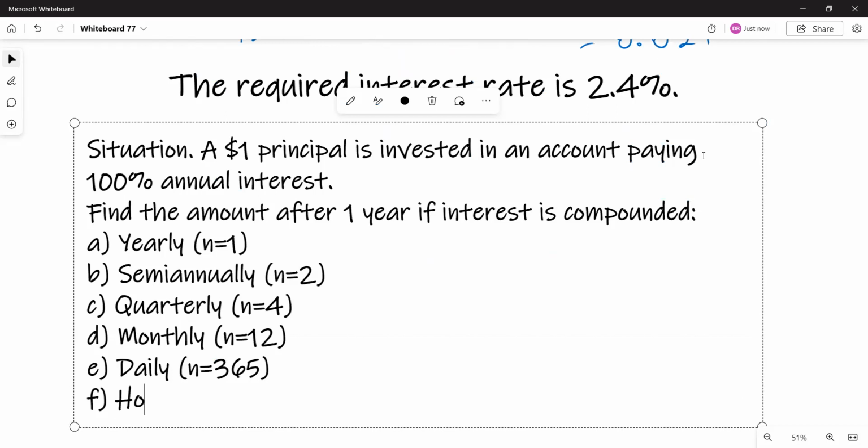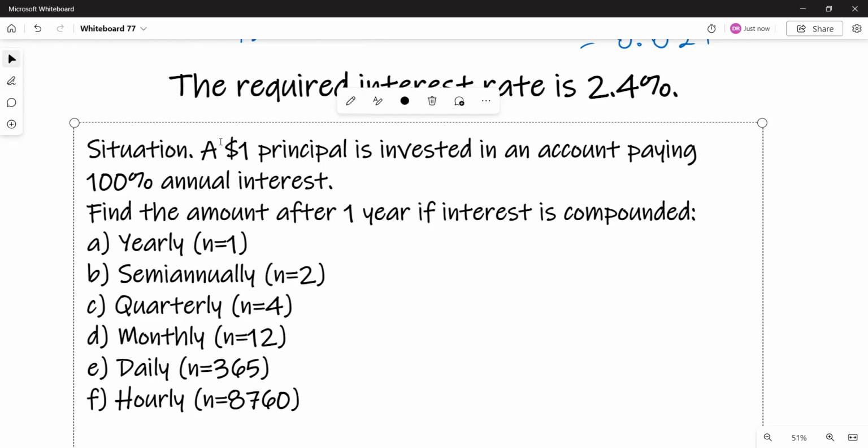Let's say that it is compounded hourly. So hourly, if there are 365 days, and each day has 24 hours, 365 times 24 is 8,760.